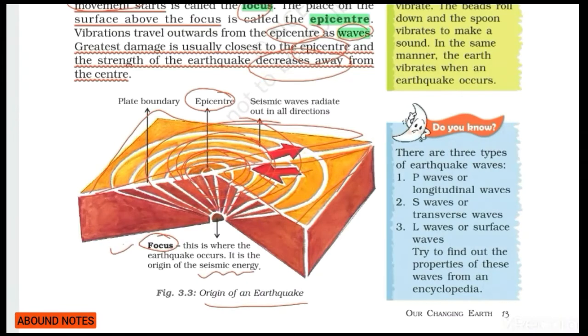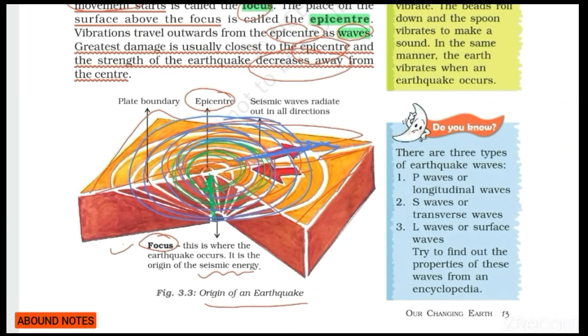The focus shifts to the epicenter, and from the epicenter rings are formed, and the earthquake starts moving outside. Hence the damage is reduced as the wave gets away from the epicenter.